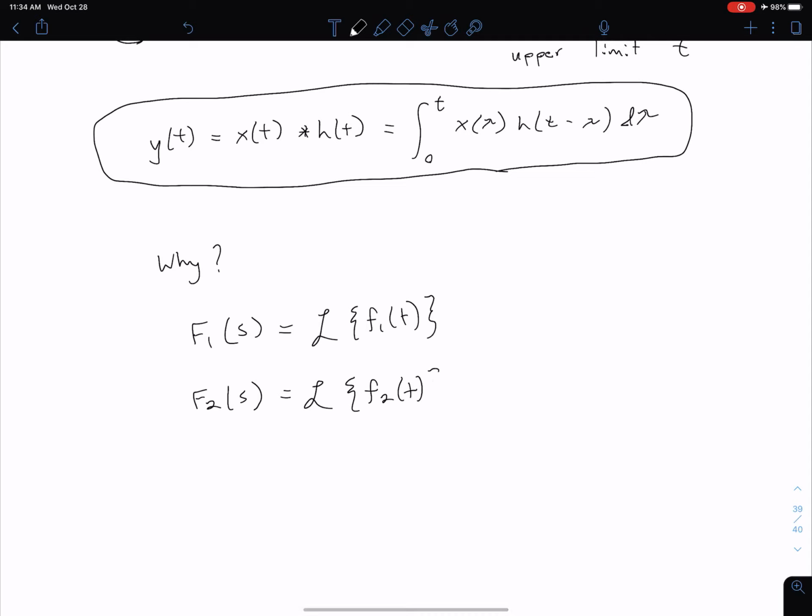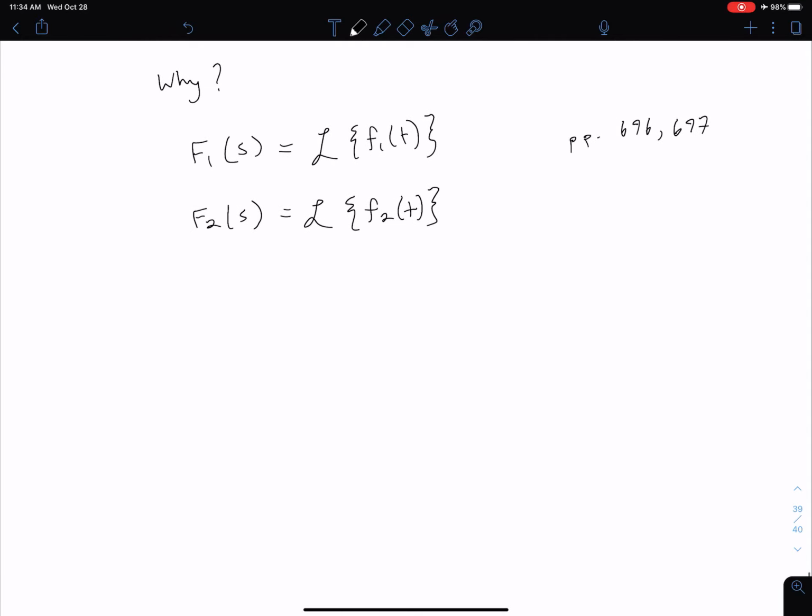If you look on pages 696 and 697 in the textbook, you can see a proof for this equation I'm about to write, but it can be shown that our F1 of s times our F2 of s is equal to the Laplace transform of f1 of t convolved with f2 of t.